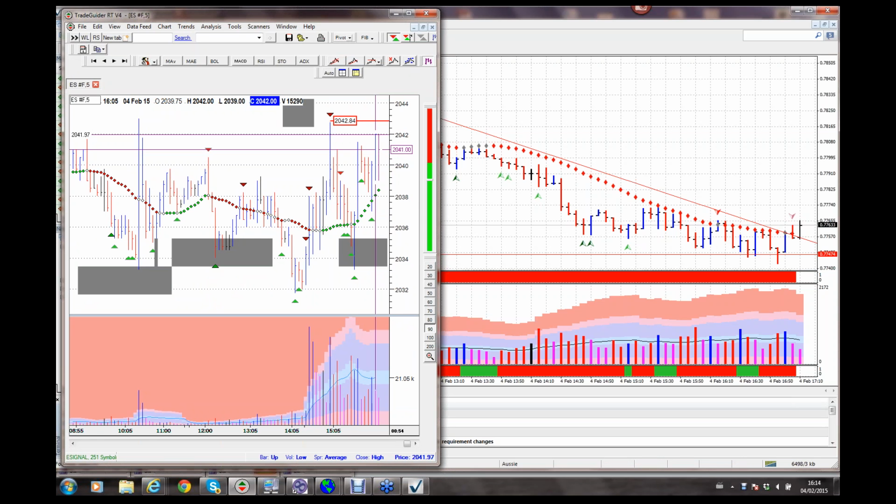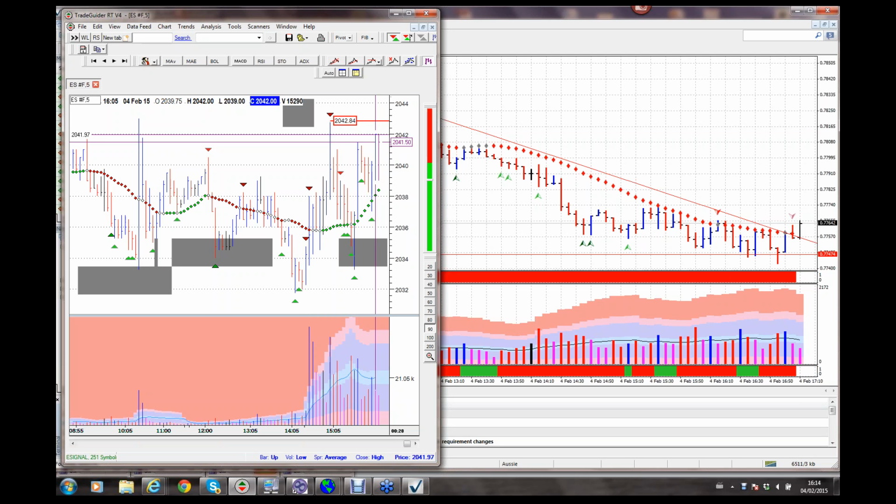Okay, Frank's telling me on the Aussie, on the hourly, it looks like there's some bag holding on the 60-minute chart. Well, that would definitely have a serious effect on the market if we saw some bag holding on that. But I'm going to focus on this at the moment because that's where I'm going to get a fill shortly. So I'm looking for a long trade on the S&P above the 2042 or 2043 level.